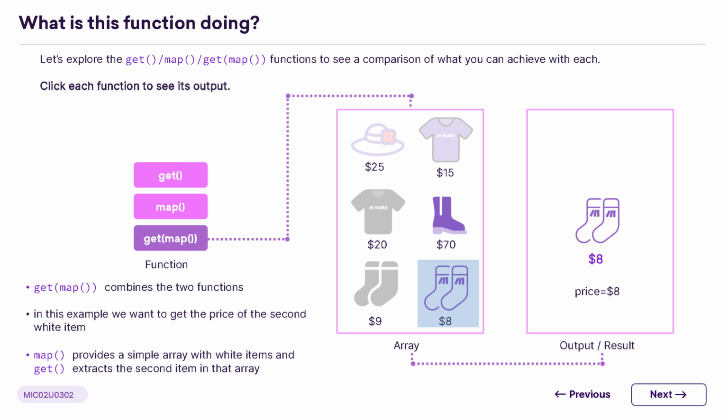It selects the second item on the list, which in this case happens to be the pair of socks priced at $8. By using getMap, you're essentially streamlining the process, making it quick and easy to extract specific information, like a product price, from a broader data set. This method is highly efficient for quickly pinpointing and obtaining desired data points.